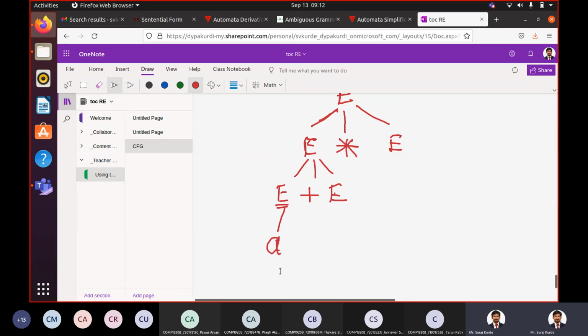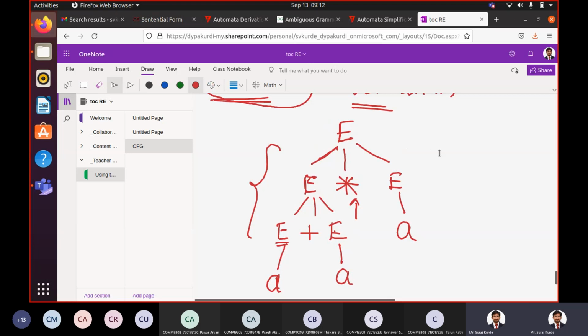Then plus is there, so A plus. To the right of plus it is E. Replace with A. Then there is the multiplication, and then again the right-hand E is replaced with A. So it is A plus A into A. This is the derivation tree.